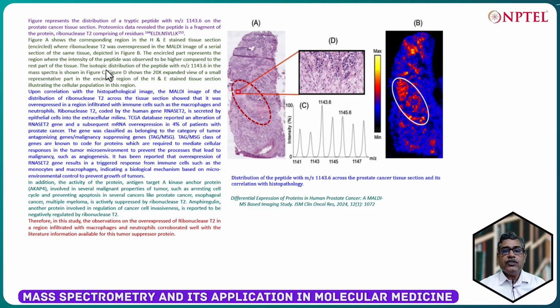The isotopic distribution of the peak 1143 is shown here as C. This is the monoisotopic peak, this is the peak with one C12 replaced by C13, and so on. There may be some overlap from another peptide, which is why the third signal seems a little more than the second one, or almost equal, but naturally it should be less.